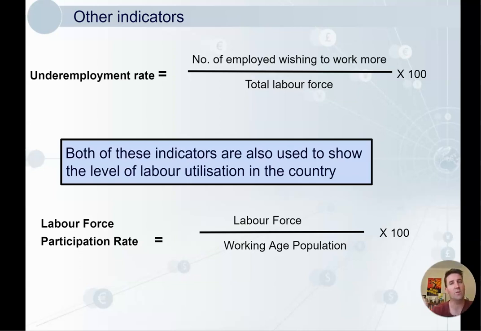They want to work full-time or even just 30 hours a week. So we try to measure that as well. And the labour force participation rate. So of the working age population, what proportion of that population is actually either got a job or looking for a job, right? That's important. We want to know that information.